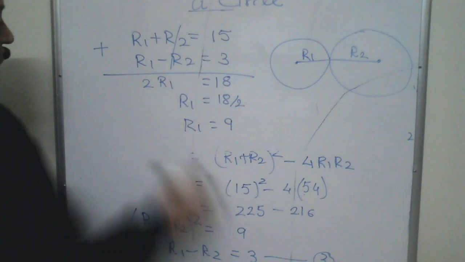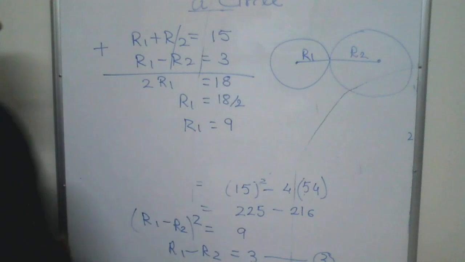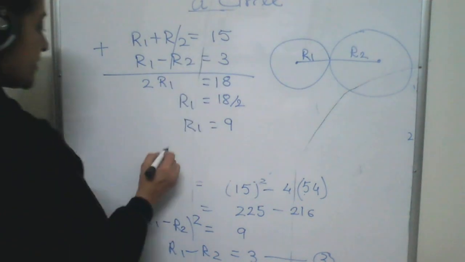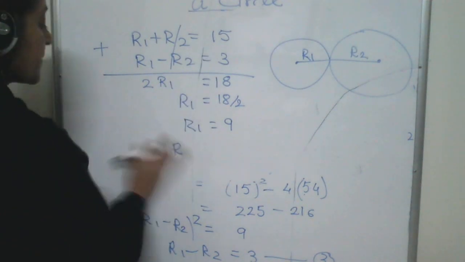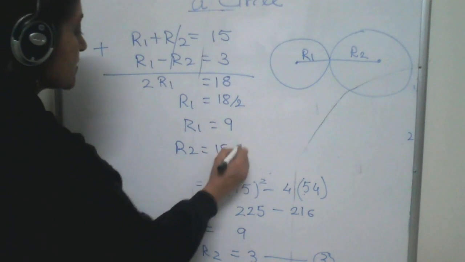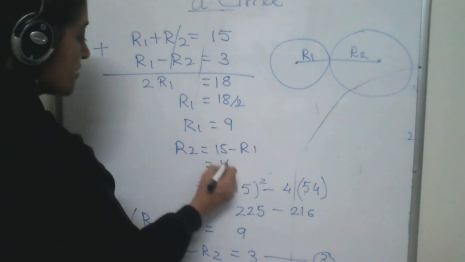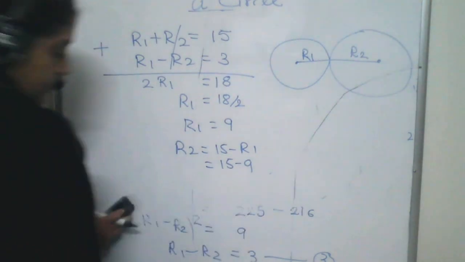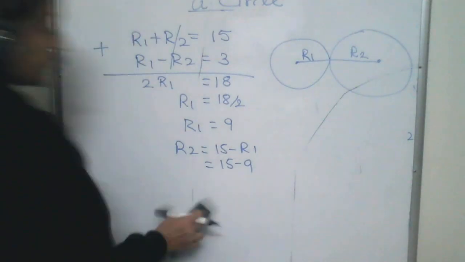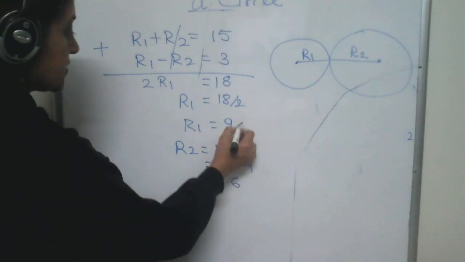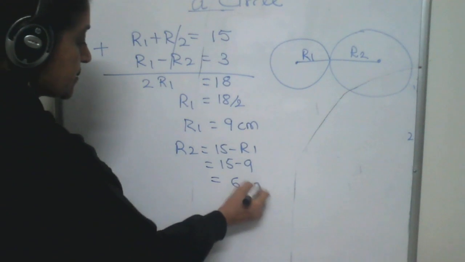Now what happens once you get r1? You can get r2 at any point of time. r1 plus r2 is 15, what is given, in that you can put the value. Okay, r2 is equal to 15 minus r1, so that is 15 minus 9. So what is 15 minus 9? That will be 6. So the radii of the two circles are 9 and 6, here it is centimeter, here it is centimeter.